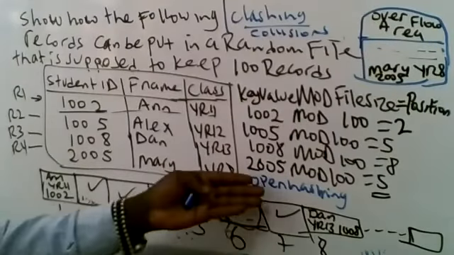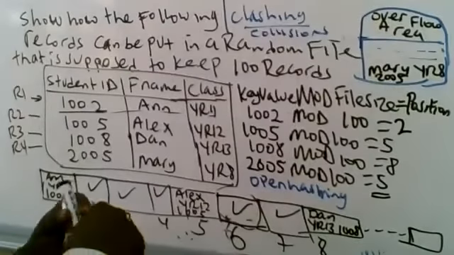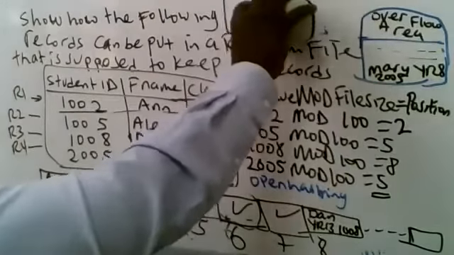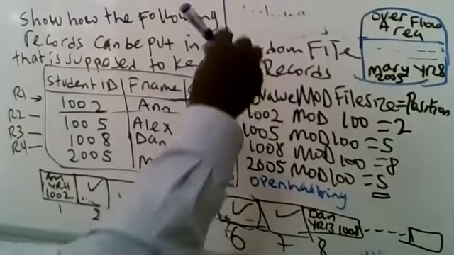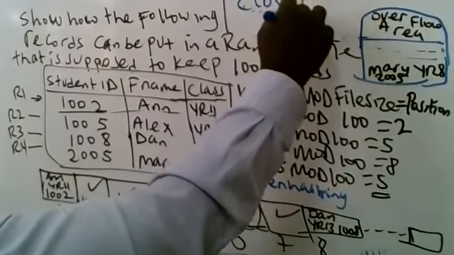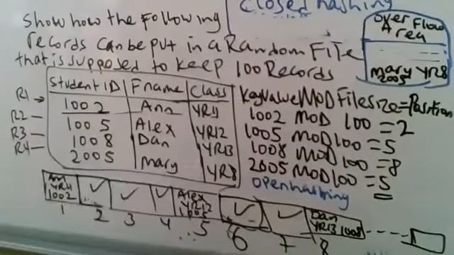It's called closed hashing, not clashing, but closed hashing. Hashing comes from putting the value in a random file.